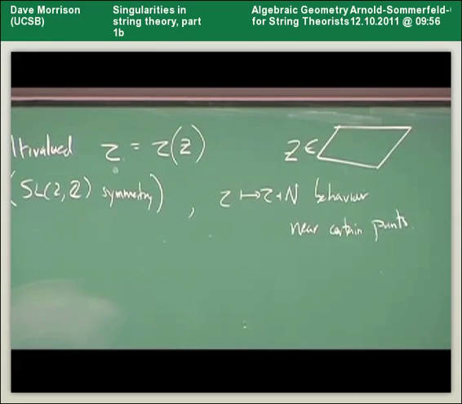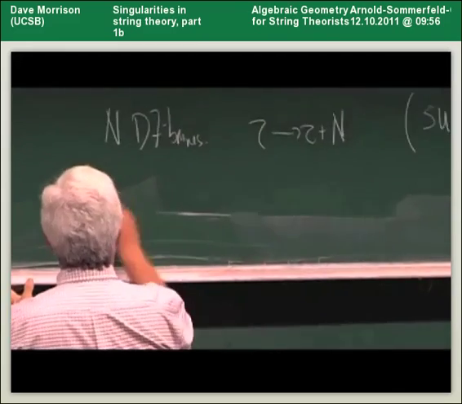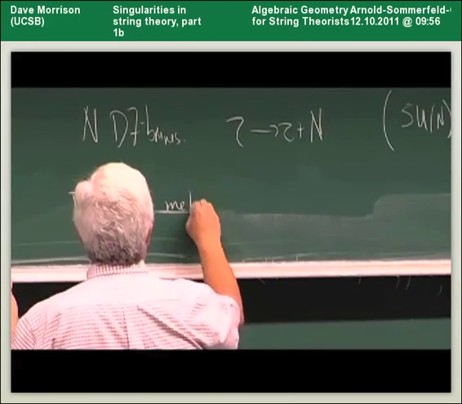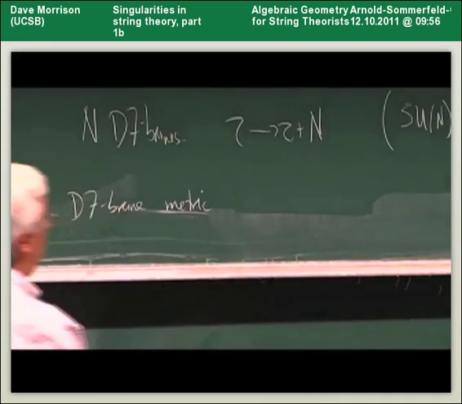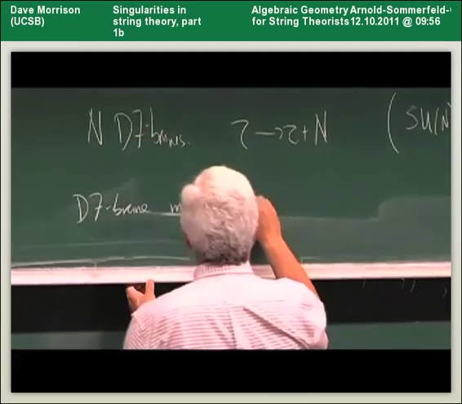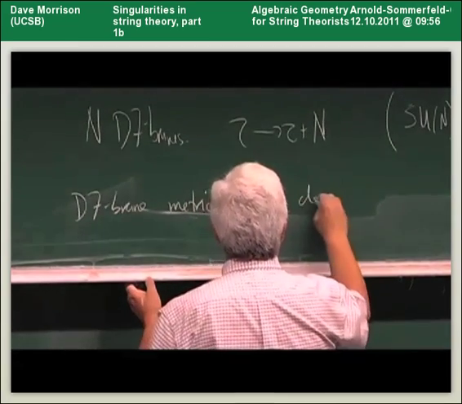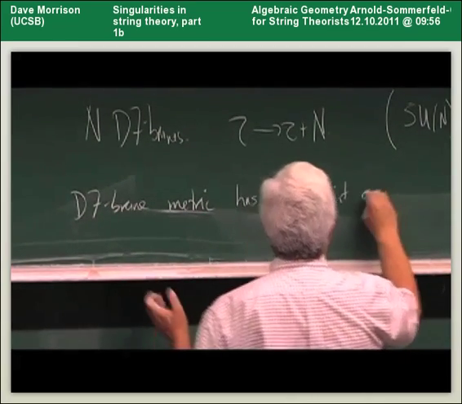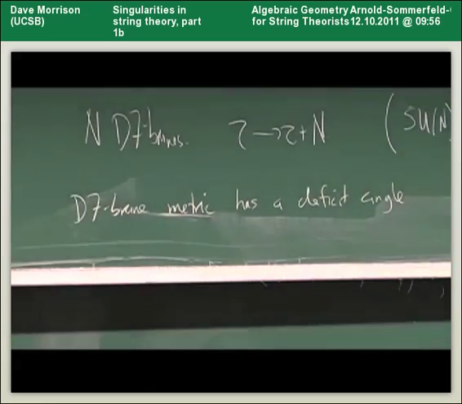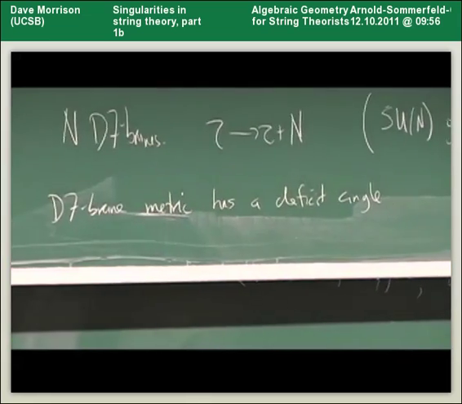Well, there's one more fact about the D7 branes that I want to mention, which is that the D7 brane metric, instead of pushing the point to infinite distance, has a deficit angle. And this just follows from the fact that it's hard to get a brane solution to work in a particular dimension.